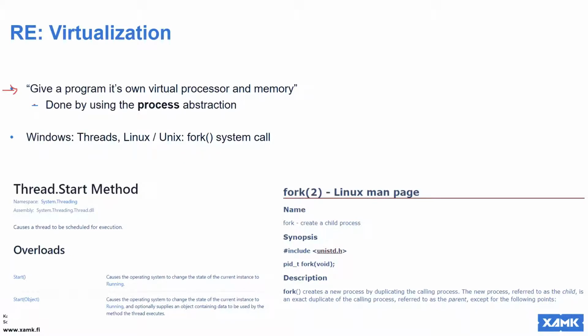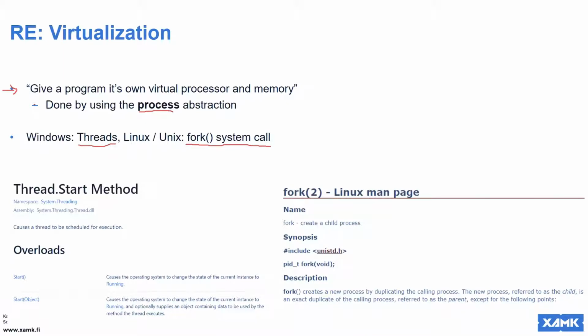Now, what this process abstraction looks like in practice, well, on the Windows operating system, that abstraction is called a thread. And in Linux, it's also called a thread or a process. But the way we access this abstraction is through a system call called fork.